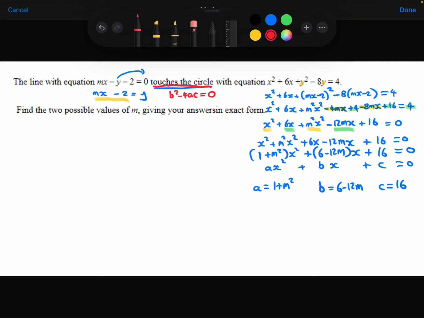The fact it says touching the circle means there's one solution, so my discriminant is equal to 0. So therefore b squared minus 4ac is equal to 0.